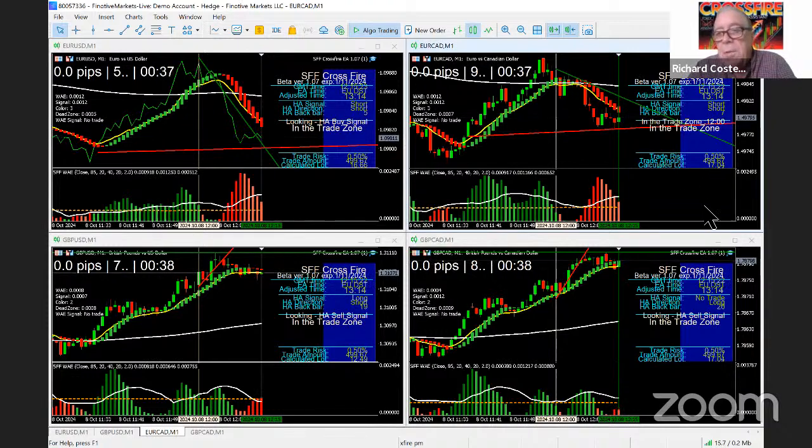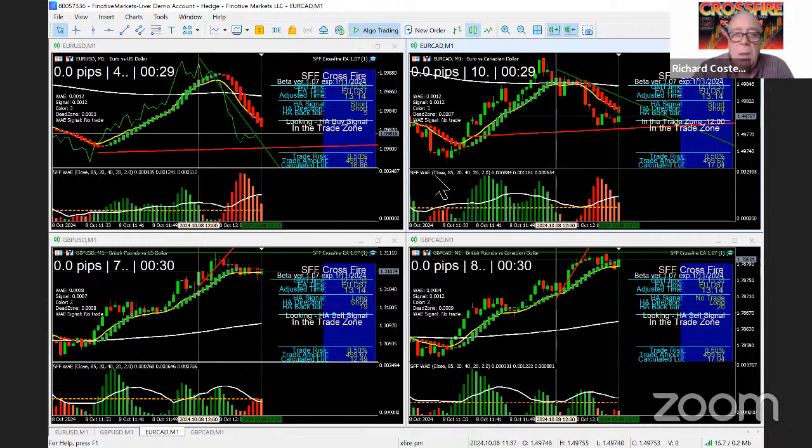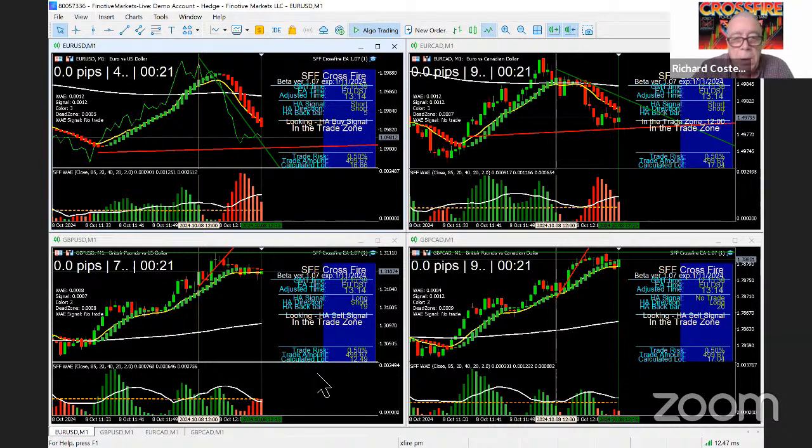So you can see that on these 2 pairs on the right hand side of the screen, we're going for 17.04 lots, and on this side we're going for 16.66 on the euro, and on the GBP USD we're going for 12.49. And the difference is because on the euro USD my stop loss is 3 pips. On the GBP USD my stop loss is 4 pips.